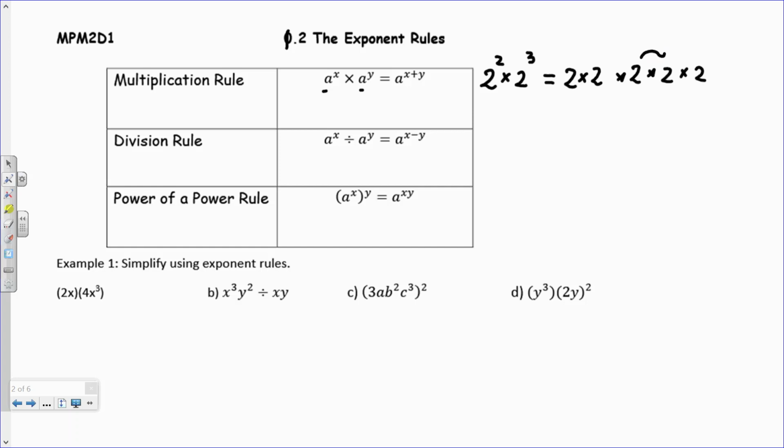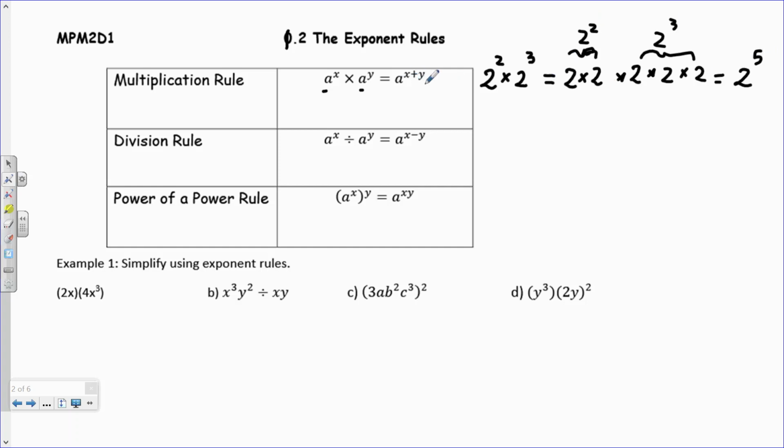So this is 2 cubed, and this is 2 squared. Then you count 1, 2, 3, 4, 5. You have five 2s multiplied together, so we write it as exponent 5. Then you will see it's 2 plus 3, which gives you 2 to the exponent 5.